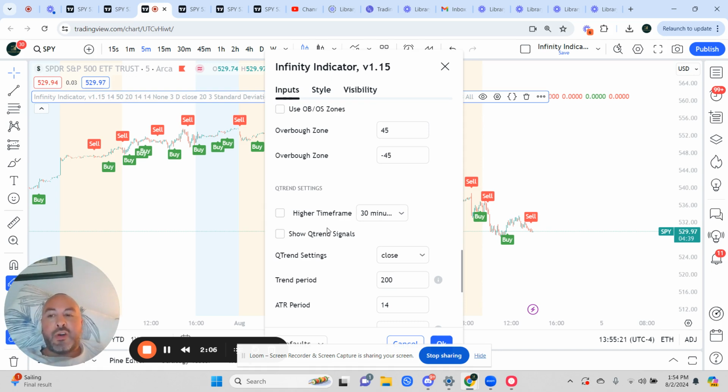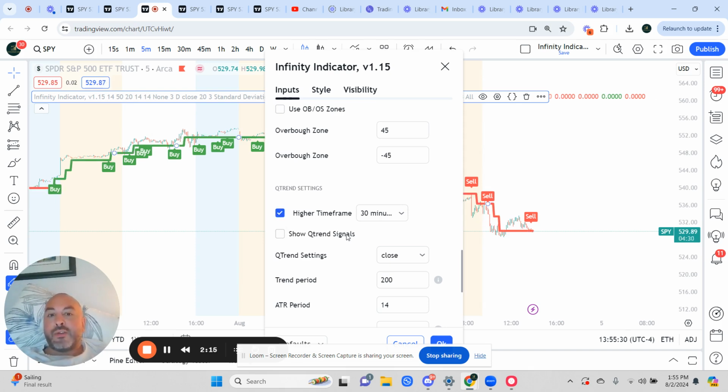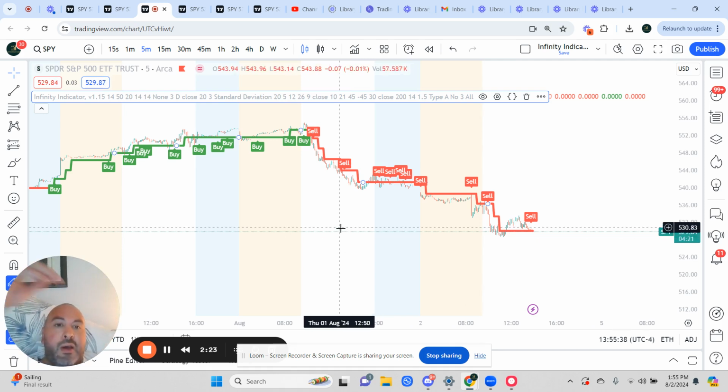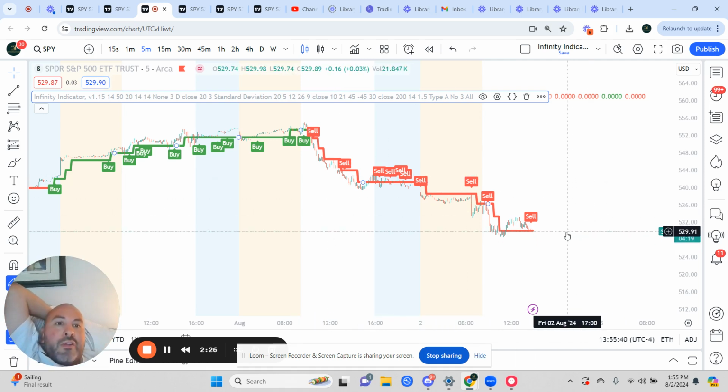It's a higher win rate almost always when you have this higher time frame box checked. So I'm going to check it here. Obviously, on a 5 minute chart we use a 30-minute higher time frame. That's what I suggest.